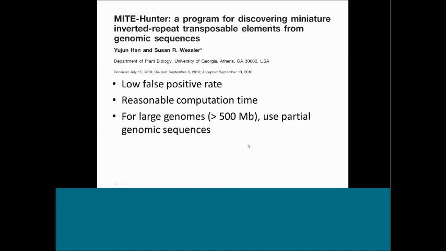So I suggest that for a large genome, more than 500 megabases, you should use half or even a quarter or a tenth of the genome to run it. Because usually, MITEs have quite a high copy number, so if you use partial genomic sequence, it will not reduce the sensitivity a lot.